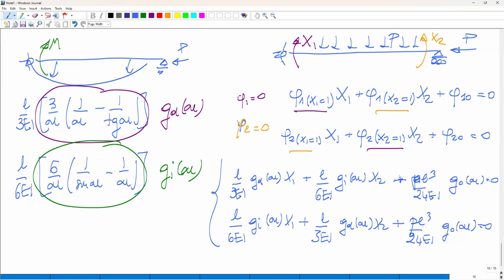You know, this is also the way in which software codes compute the buckling load. They work out the system of unknowns and they calculate the determinant and set it equal to zero. So let's work it out. So how much is that determinant?